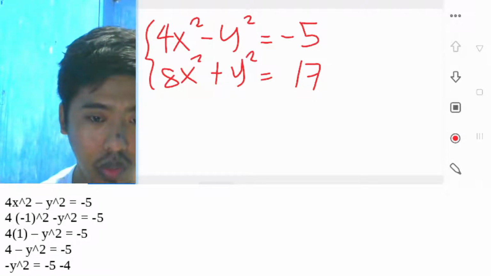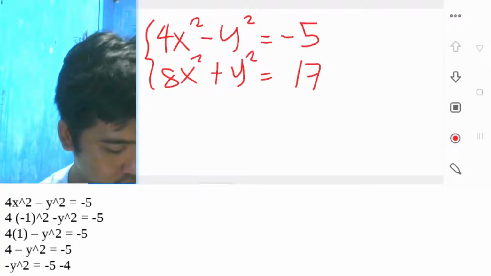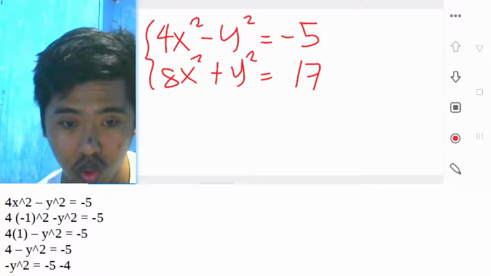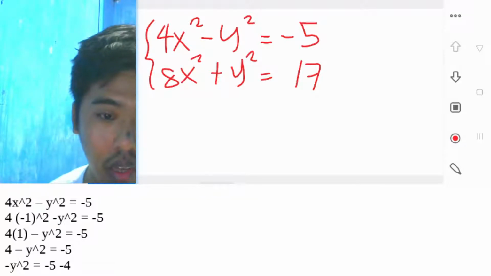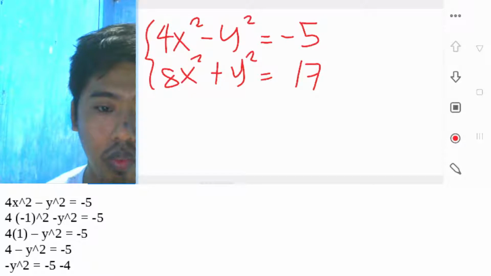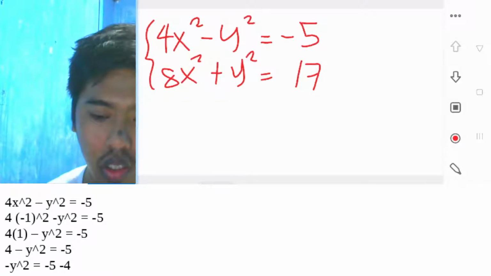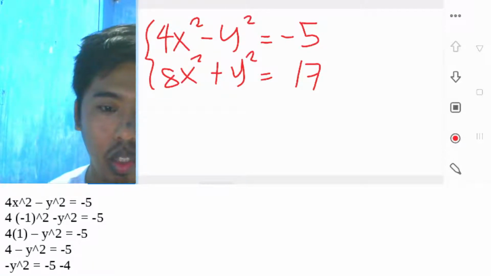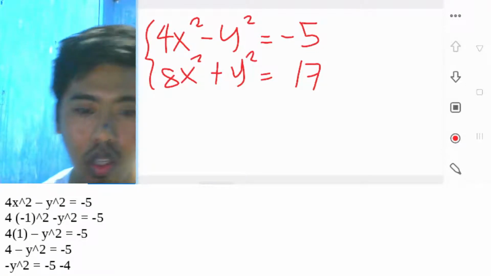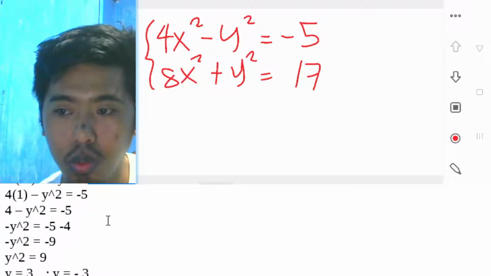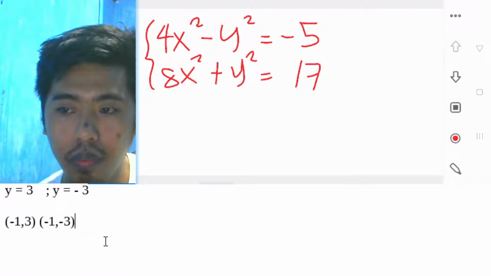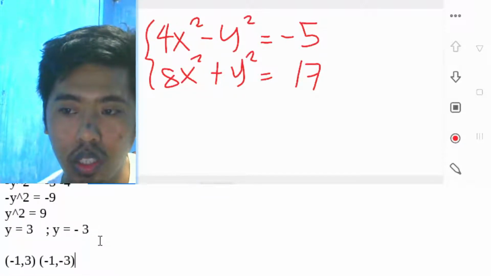It could be positive 3 or negative 3. So I can have two answers here for negative 1: negative 1 and 3, and negative 1 and negative 3.